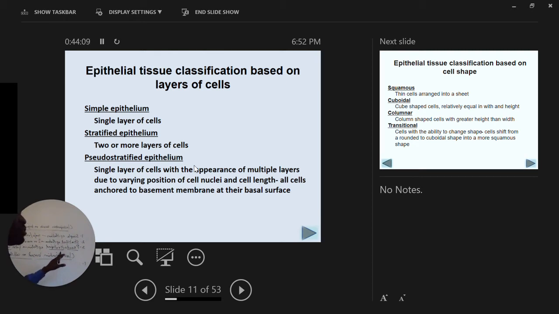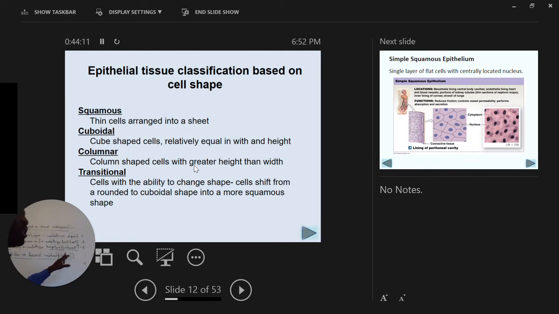Now, these are the ones that we classify based on shape. And based on shape can be squamous. Squamous simply means it appears flat. Now the other one is cuboidal. From the word cuboidal, you can see the word cube there, right?